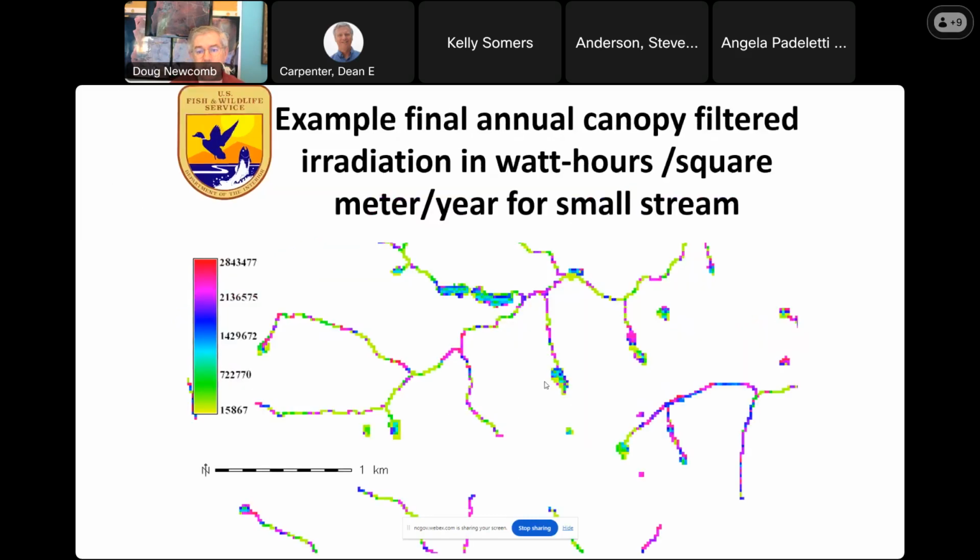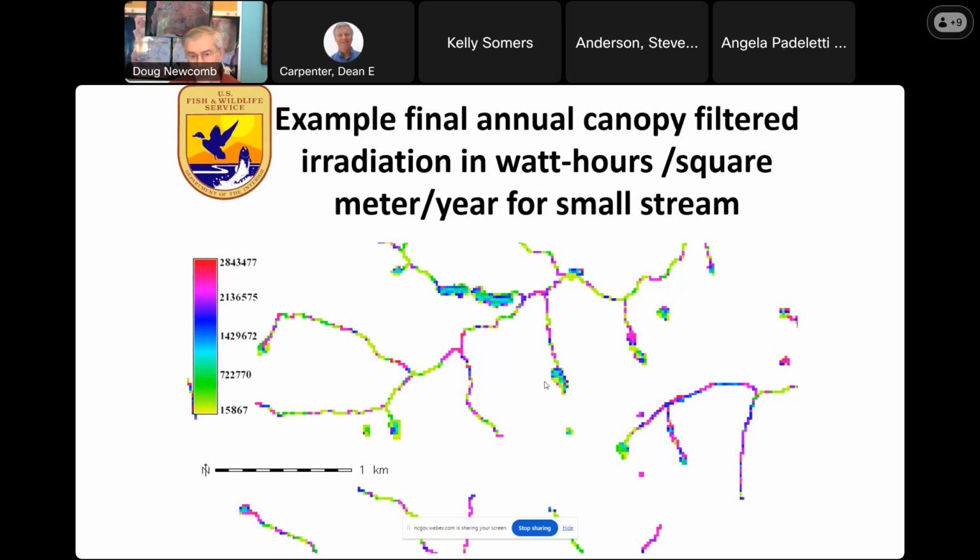And then I went back and took the canopy that was available, whether it covered or shaded streams, and tried to work out on a month-by-month basis how much those streams were shaded by both the coniferous and deciduous trees, and how many watt hours per square meter per year would impact those streams.